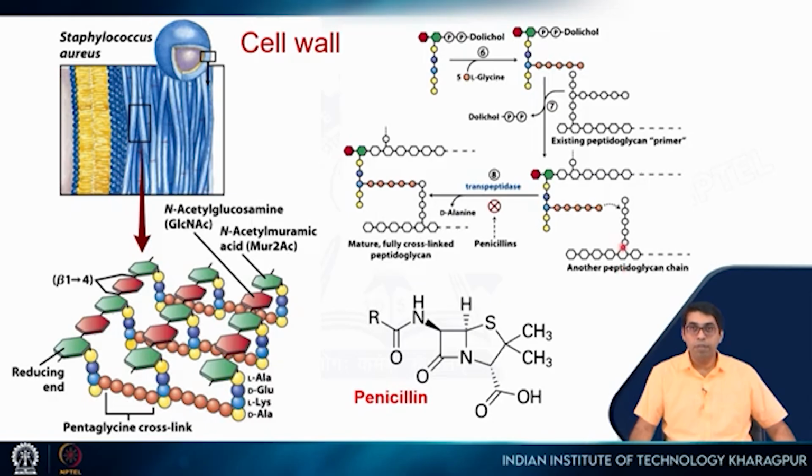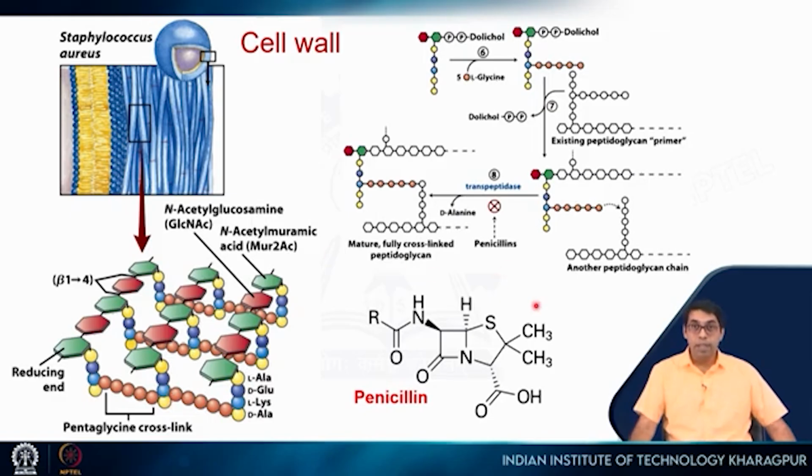This is another chain. In that, we have these 5 amino acids. The last two are D-alanine and D-alanine. There is this enzyme called transpeptidase where this glycine will attack and the terminal D-alanine will go out, right, and you form this cross link. So, this cross linking is formed.